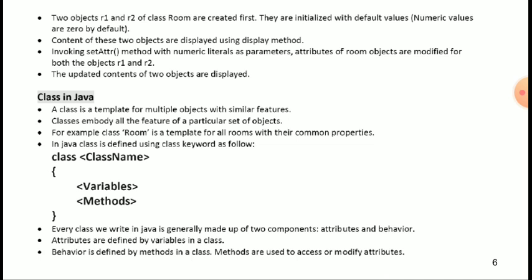Invoking the setAttr method with numeric literals as parameters, the attributes of the room objects are modified for both objects r1 and r2. The updated contents of the two objects are displayed. So that is an example of a class.